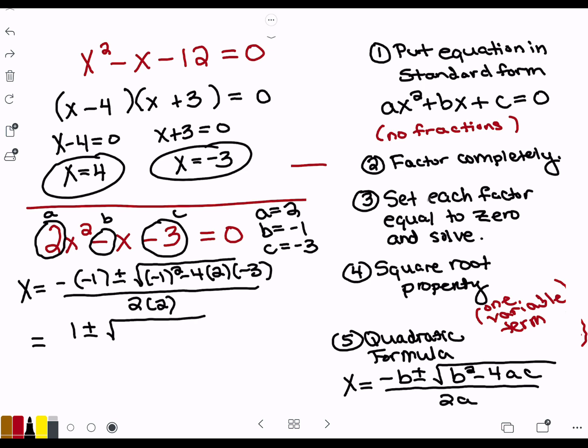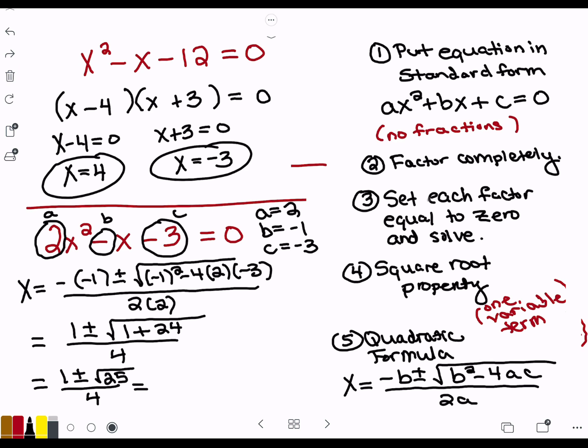Negative 1 times the negative is going to give you a positive 1. And then underneath the radical, you got negative 1 squared, which is 1. And then you have plus 24, because you do negative 4 times 2 times negative 3. And then your denominator, you have a 4.